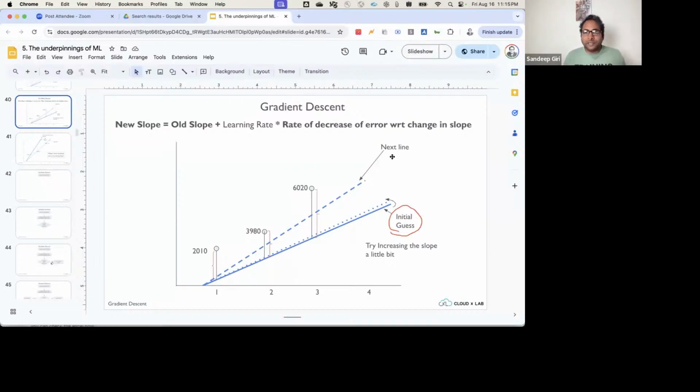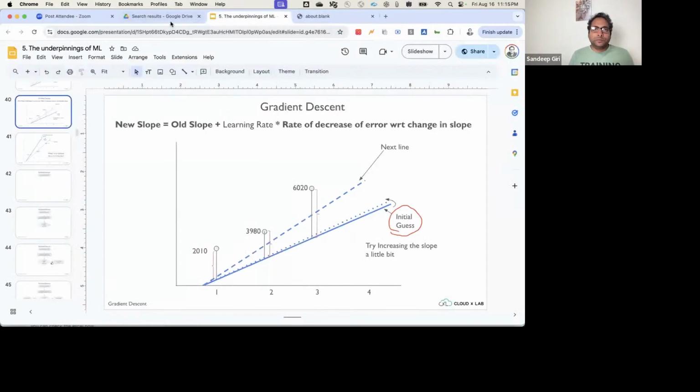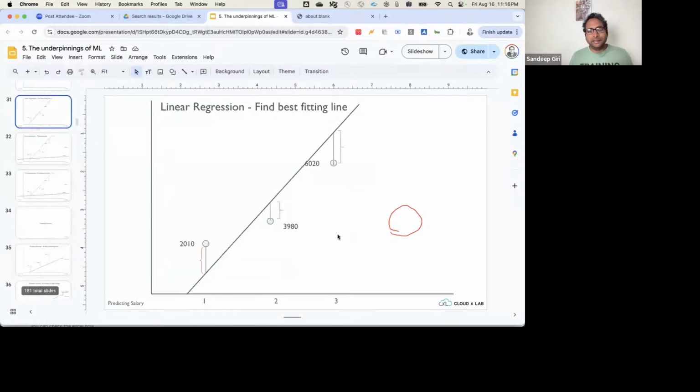Okay, so let me just draw it, and then it'll make more sense to you. Let's say this is my data. The initial line we drew like this.